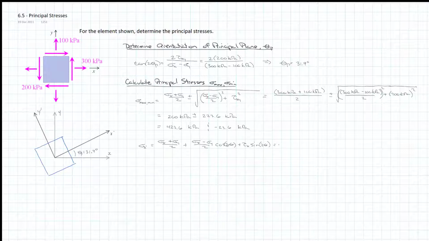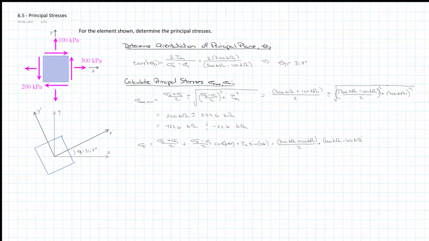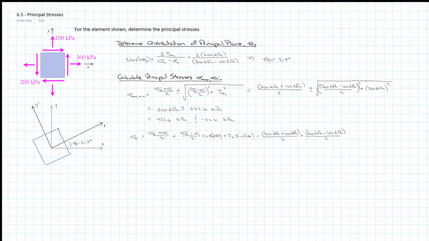We'll fill those out. We have 300 kPa plus 100 kPa divided by 2, plus 300 kPa minus 100 kPa divided by 2, times cos of 2 times 31.7 degrees, plus our tau xy, which is 200 kPa, times sine of 2 times 31.7 degrees.